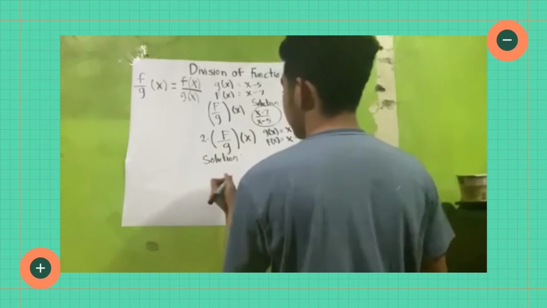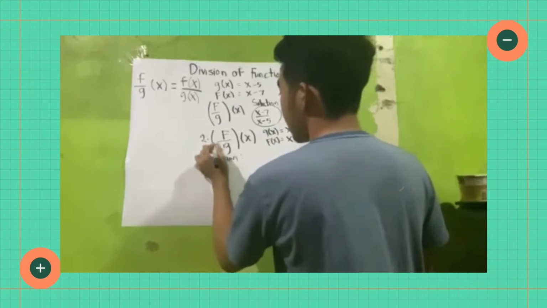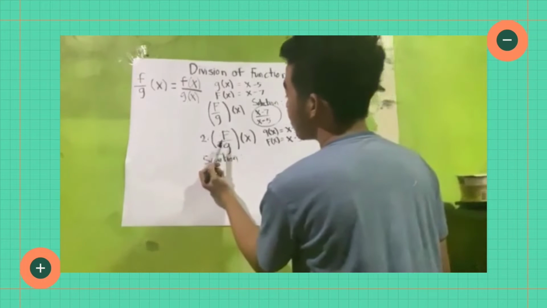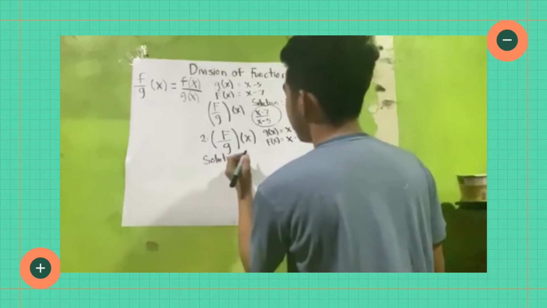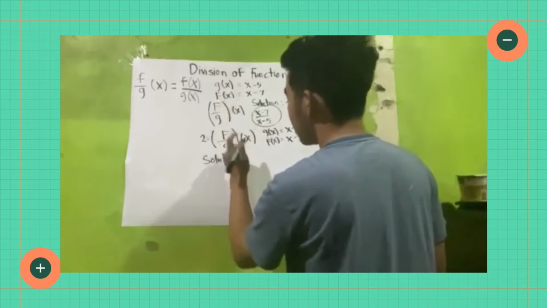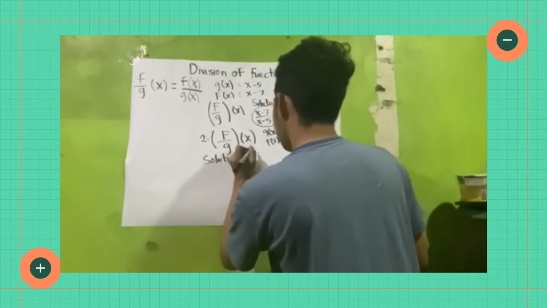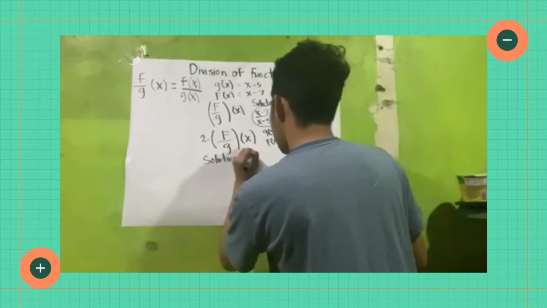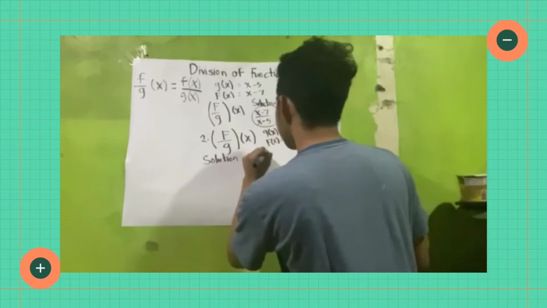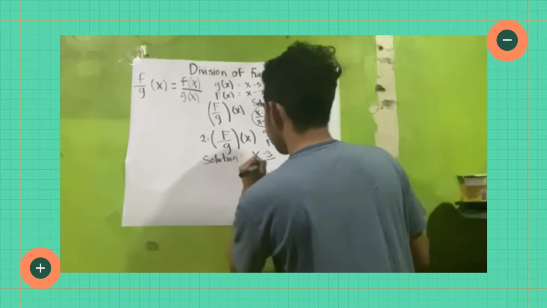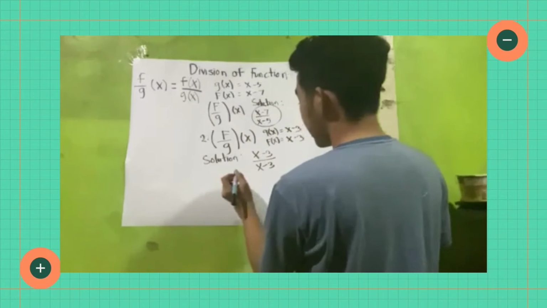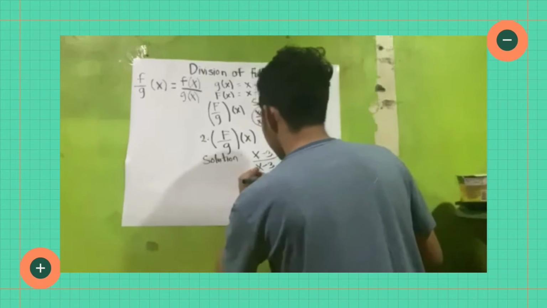Solution is to copy the formula, f over g(x), and just distribute. x minus 3 over x minus 3. And the answer is 1.